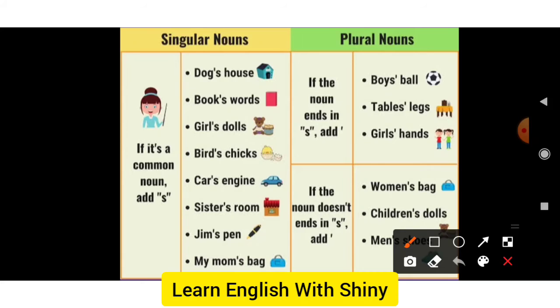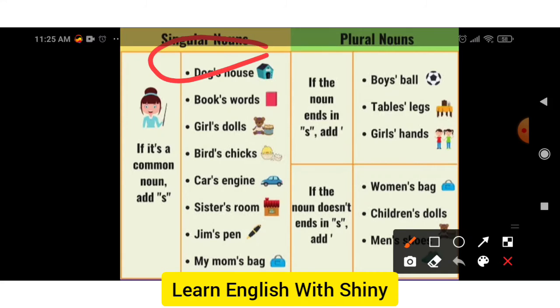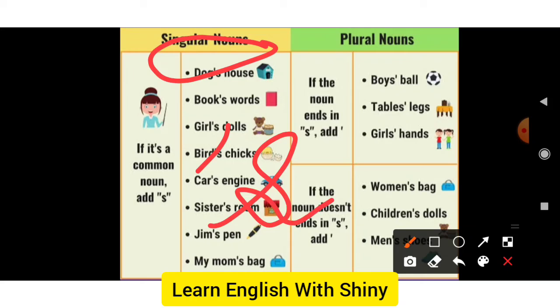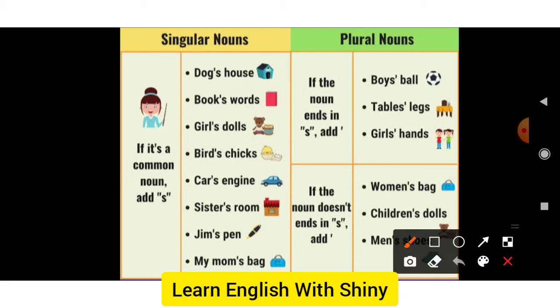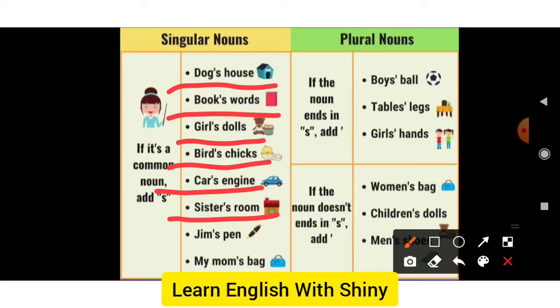Once again, see, when the noun is singular, we will use apostrophe s with the noun. For example, dog's house, book's words, girl's doll, bird's chicks, car's engine, sister's room, Jim's pen, my mom's bag.